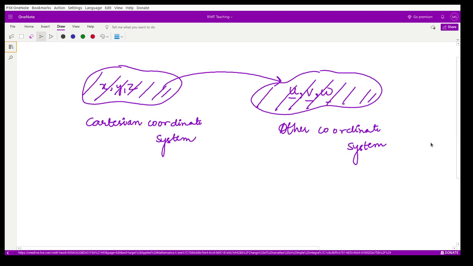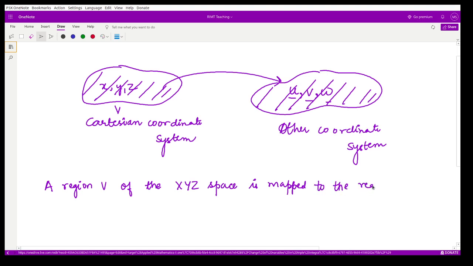In words, I can say a region V of the XYZ space is mapped to the region U of the UVW space, and it is defined by the transformations.